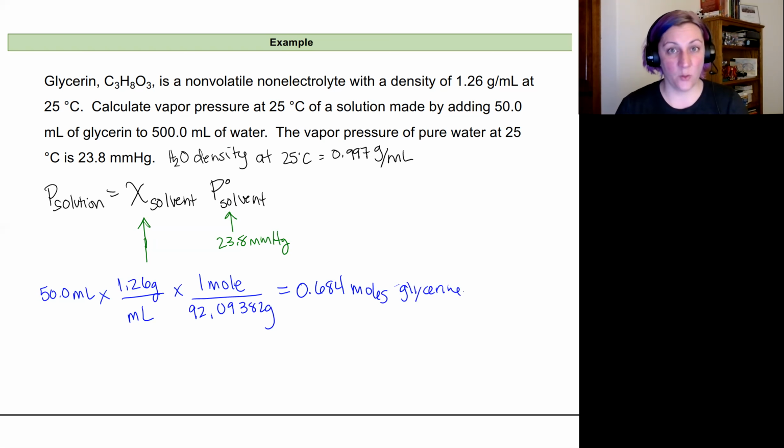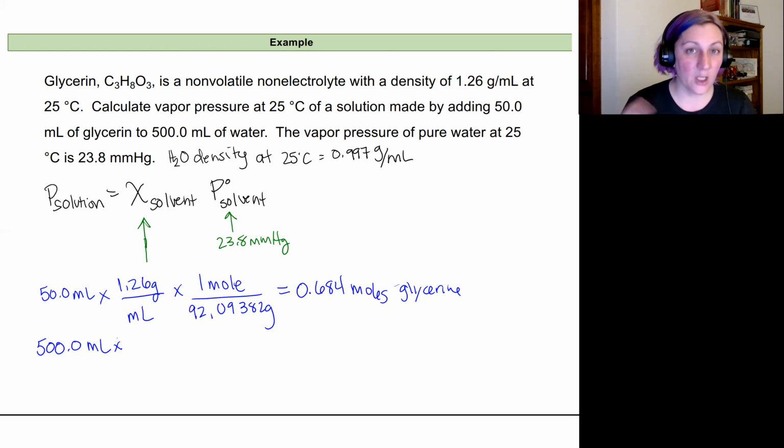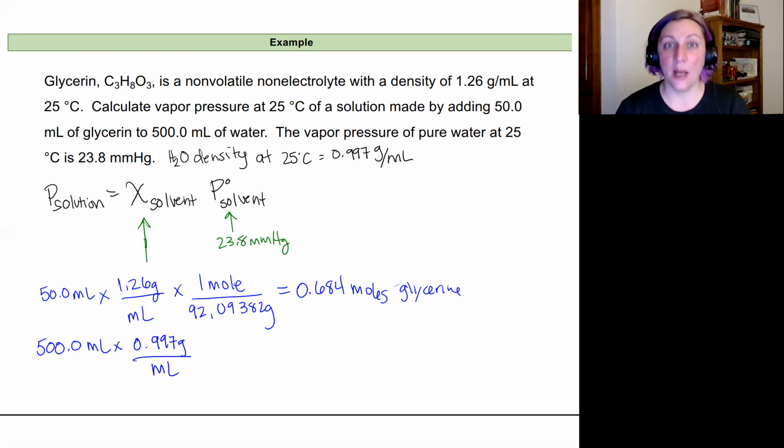All right, now I have to do this for water. So I've got 500 milliliters, and I'm going to follow the same procedure. I'm going to use the density, which I forgot to include in the original problem, but at 25 degrees Celsius, the density of water is 0.997 grams per milliliter. So I'm going to multiply that by that 0.997 grams per milliliter. So now I have the mass of my water.